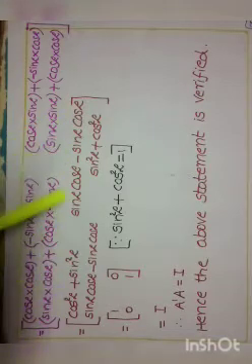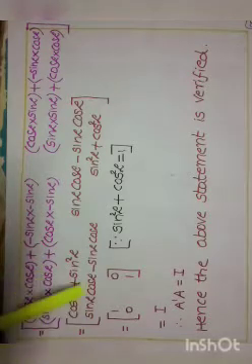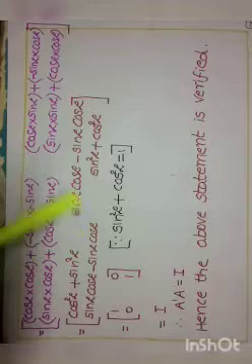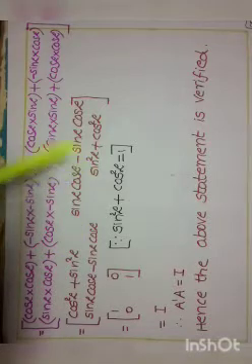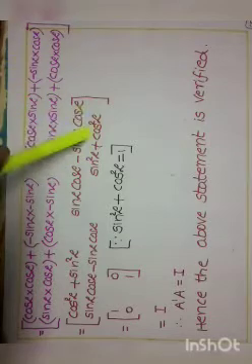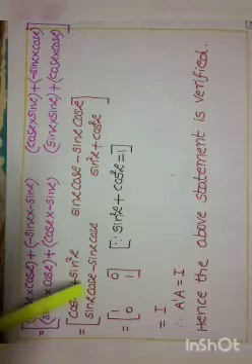Understood the elements in the first row, my dear children? Right. Now come to the second row. Sin alpha into cos alpha plus cos alpha into minus sin alpha. What do you get? Minus sin alpha into cos alpha. Next, sin alpha into sin alpha, sin square alpha plus cos alpha into cos alpha, cos square alpha. Understood these elements in the second row, my dear children?